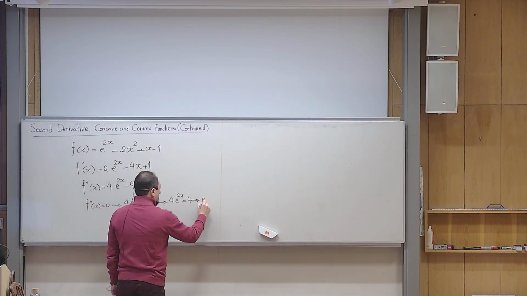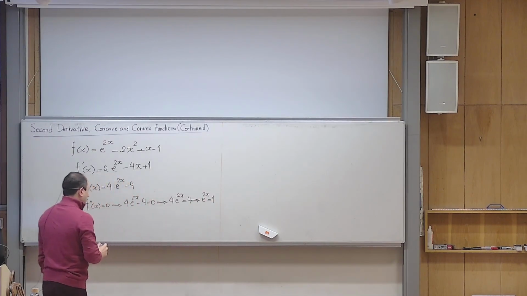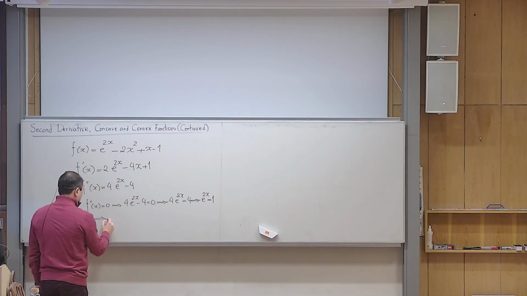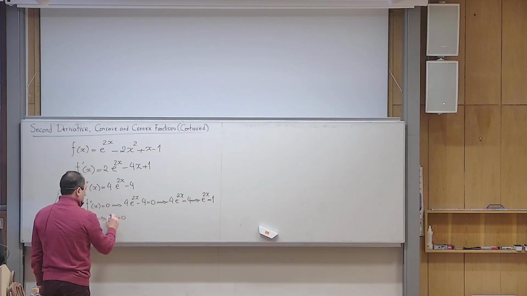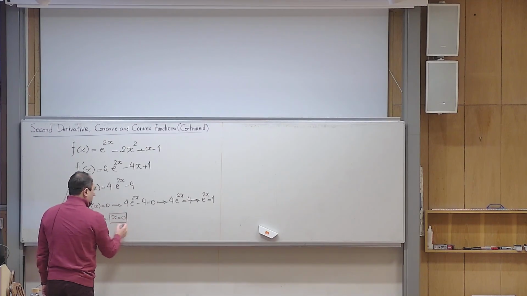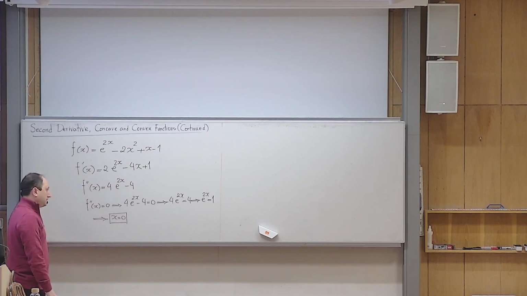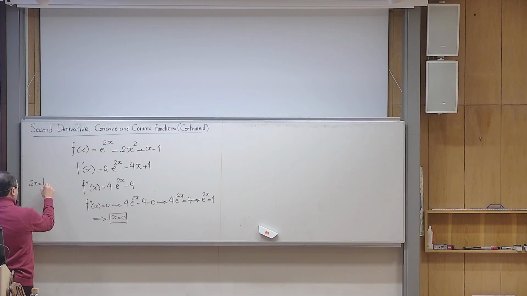So e to power 2x becomes 1. But hopefully you can immediately tell me what x is. x is 0, yes? Because that's the only answer that we have. e to power 0 is 1. Or if you want to, you can solve it using 2x is ln of 1. But you know that ln of 1 is 0. So 2x is 0, x is 0 as well.